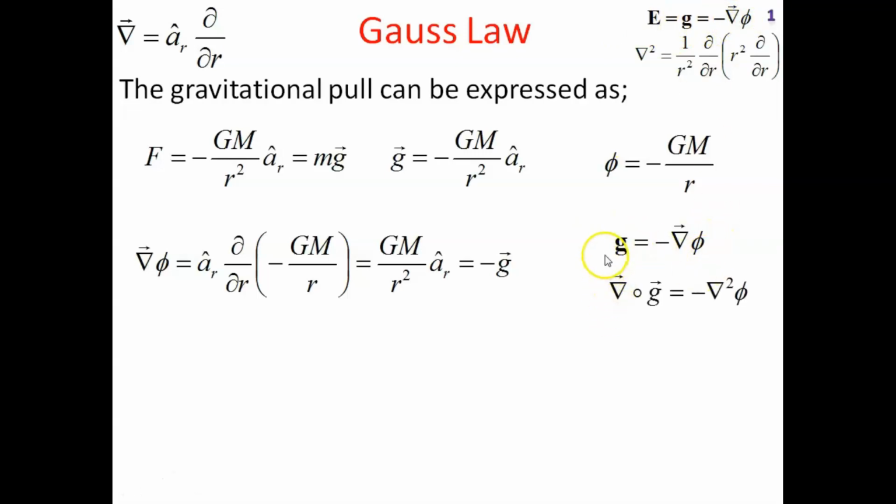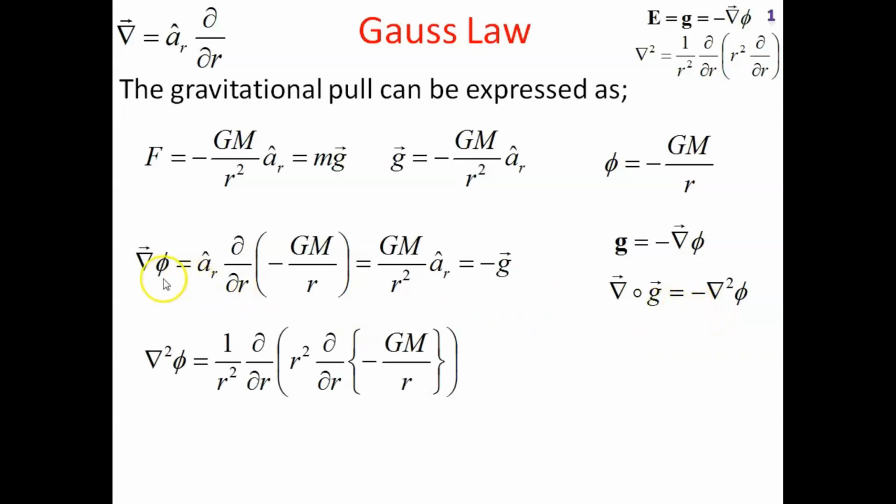Now if we operate the del bar operator once again on this equation, then del bar dot g bar is equal to minus del square phi, and if we want to compute the actual value of del square phi, we should operate the del bar operator on both sides of this equation.